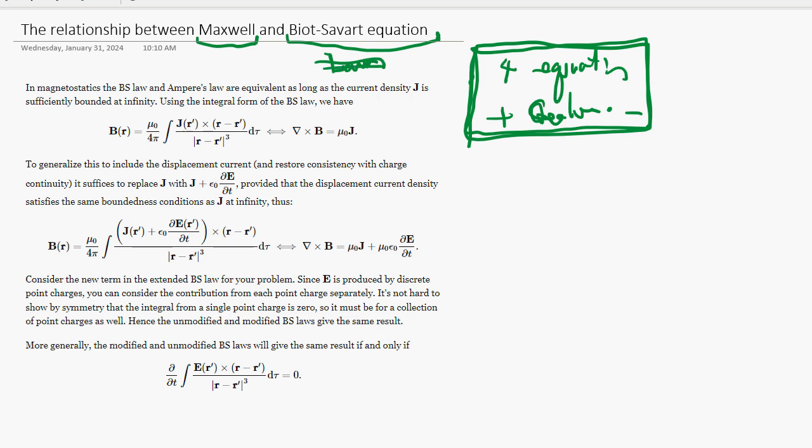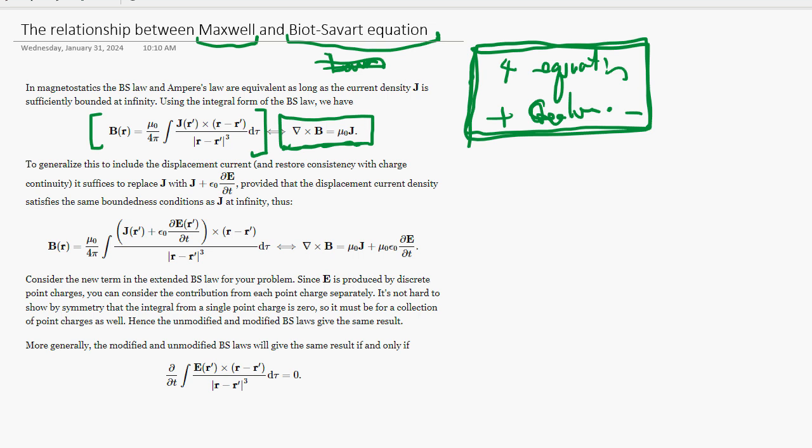What the Biot-Savart equation is: we have Maxwell's equation in a differential form, we take this integral form, and that's the Biot-Savart equation. And actually this equation is wrong.